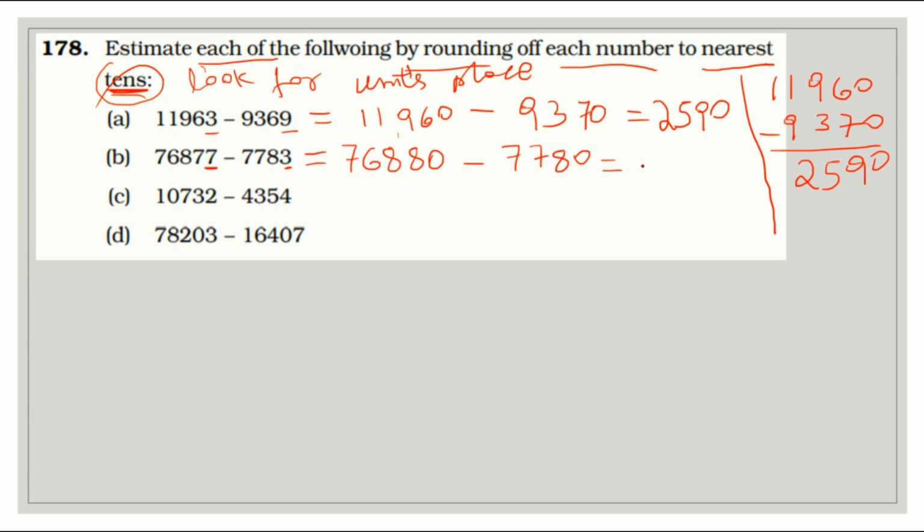So this difference you have to find out. 76,880 minus 7,780 gives you 69,100.